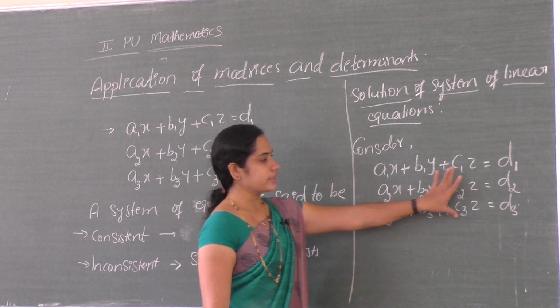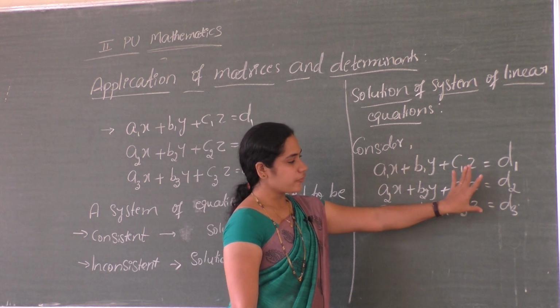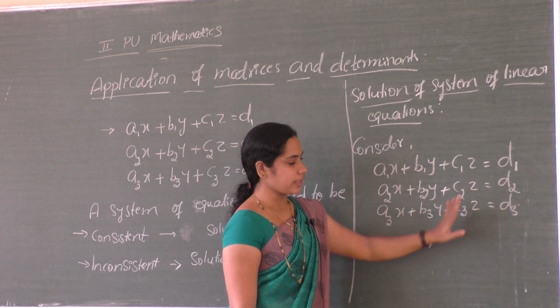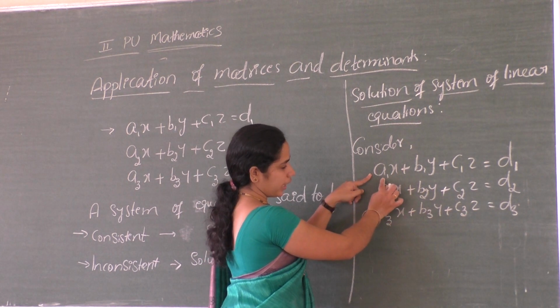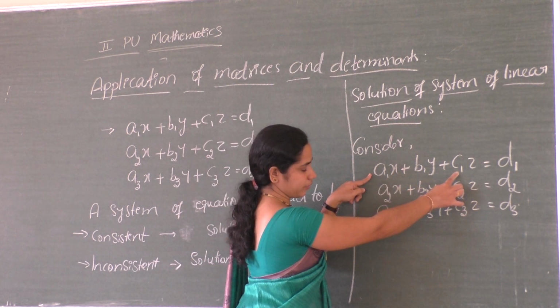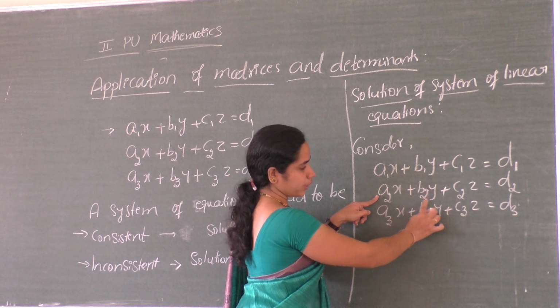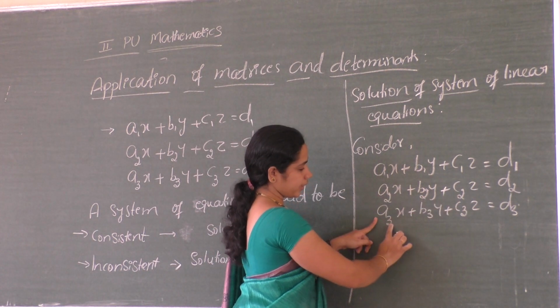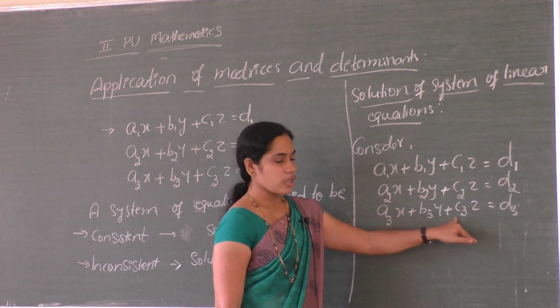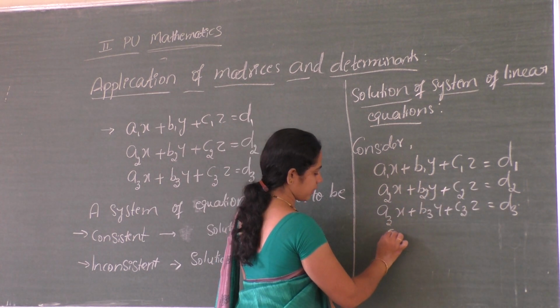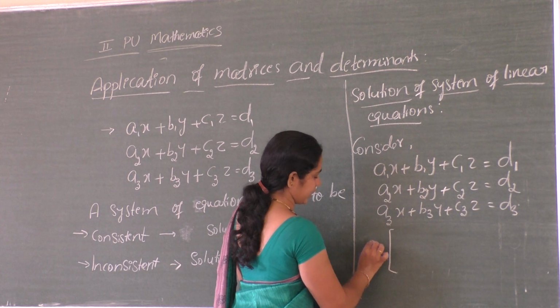This is a system of equations. First we need to write this in matrix form. What are the coefficients here? A1, B1, C1, A2, B2, C2, A3, B3, C3. These are the coefficients. Let us write that as matrix A.